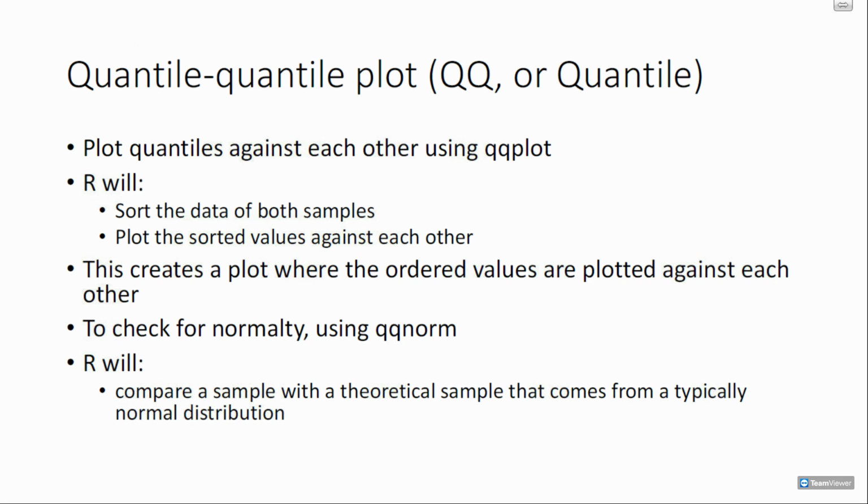Depending on what temperatures fall in those quantiles, the QQ plot ranks these temperatures in an ordered fashion and plots one group against the other. R will sort both samples of data that you provide, and then plot these sorted values against each other.